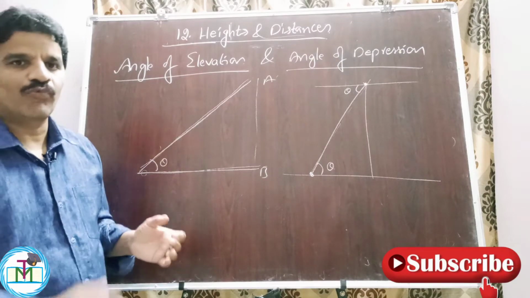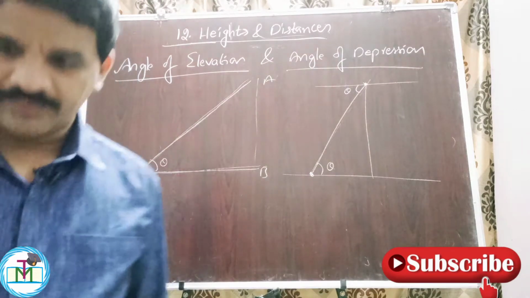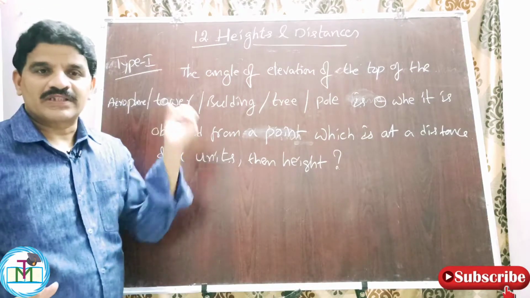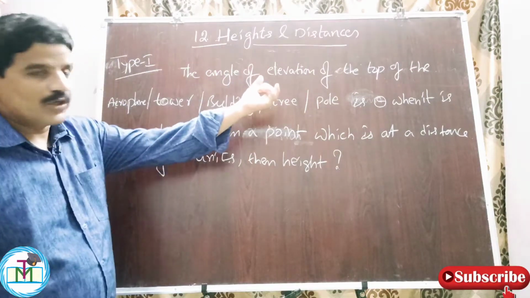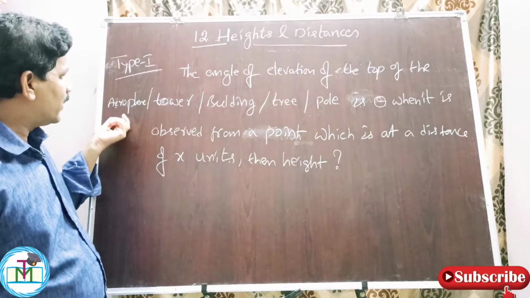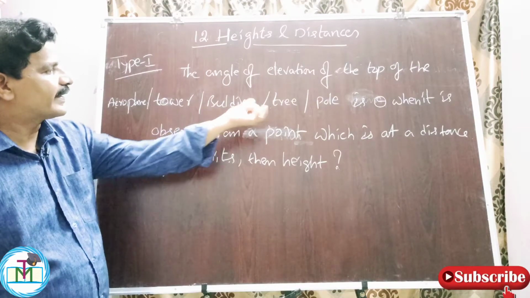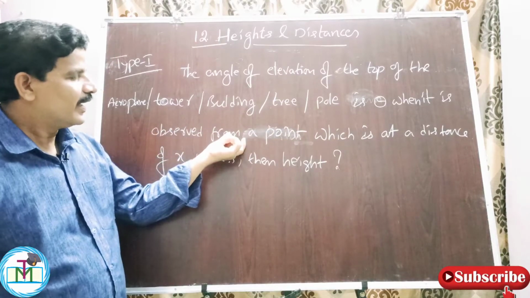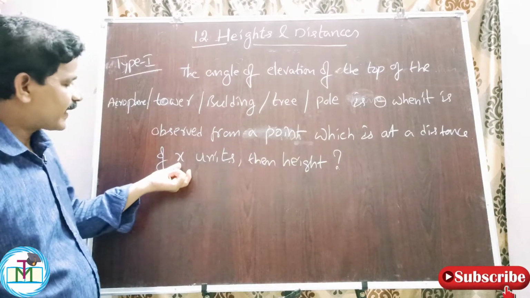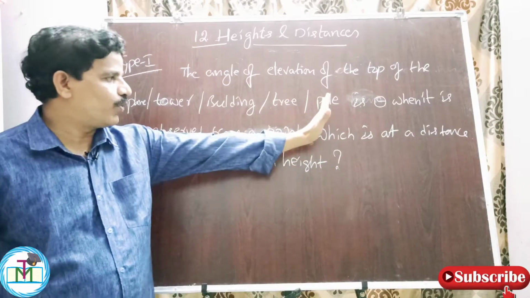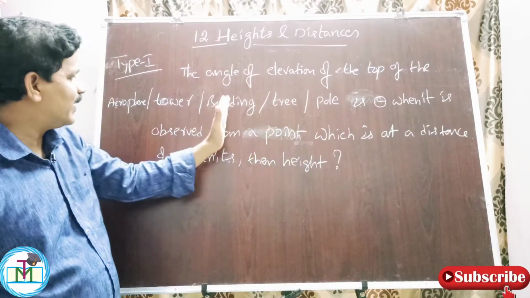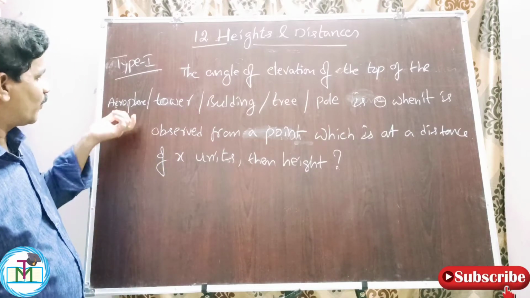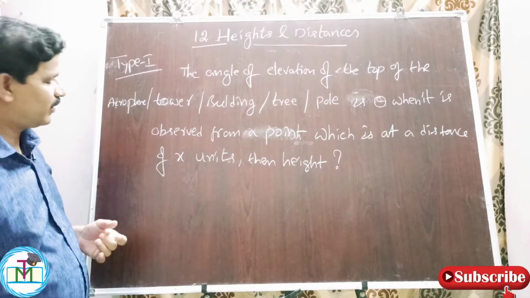Let us see type 1. Now let us see type 1 questions. In type 1, the angle of elevation of the top of the aeroplane or tower or building or a tree or a pole is theta when it is observed from a point which is at a distance of x units from the foot of the pole or foot of the tree or foot of the building or foot of the tower, or from the height at which the aeroplane is there in the air.